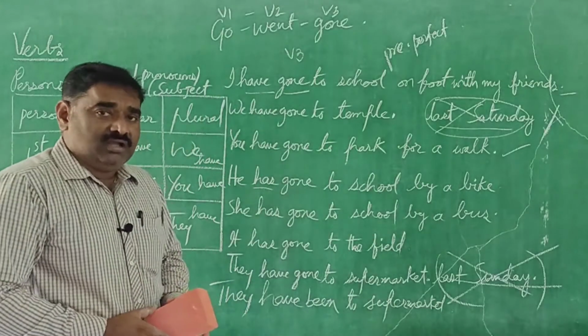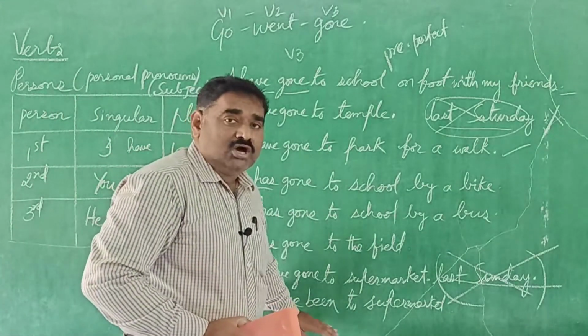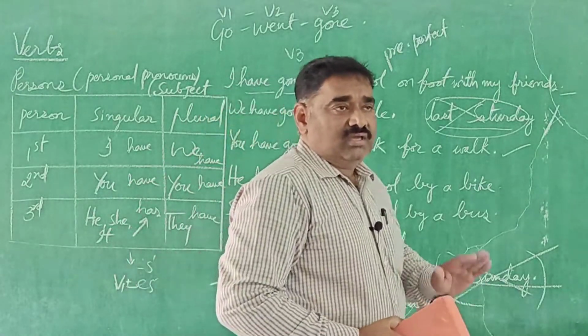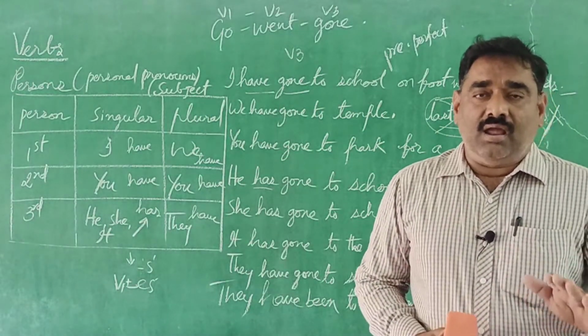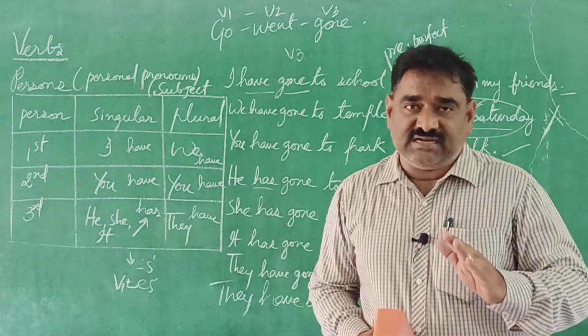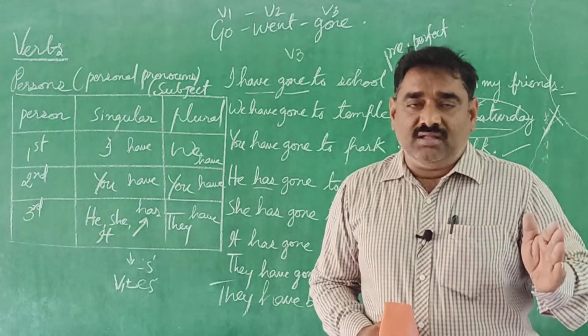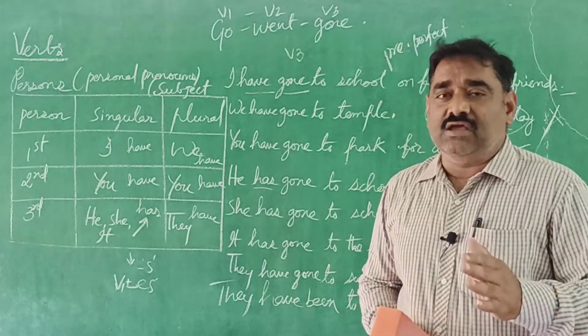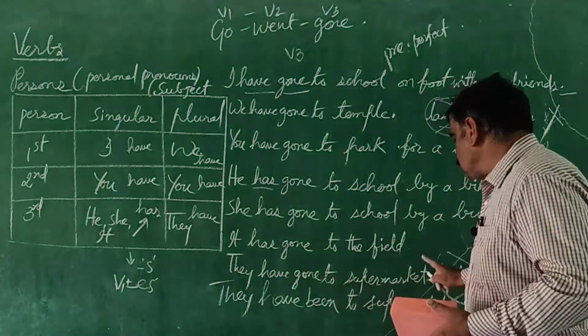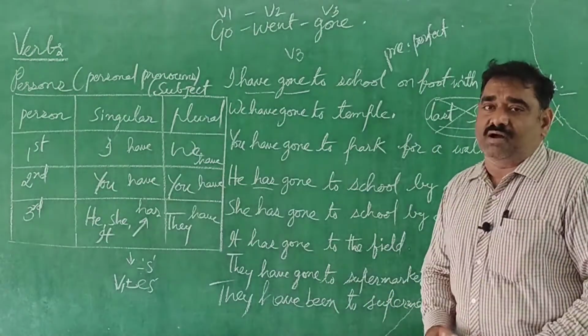Go, went, gone, like that. Be, was, been. The be forms in present tense are is, are, am. Was and were are the past tense. Been is the V3 form.